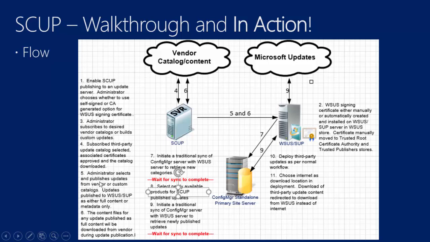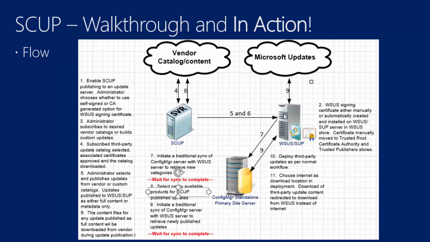So this is 5. So 5 here is publishing the update to WSUS SUP. So if it's just metadata only, it's just this direction. If it's metadata plus content, the metadata's copied over here, but we also download the content from the vendor and publish it over to WSUS.